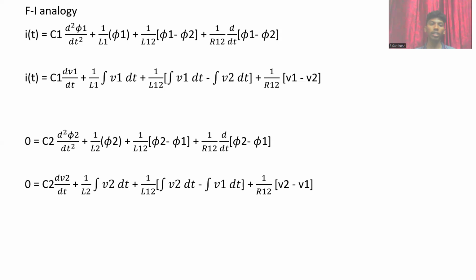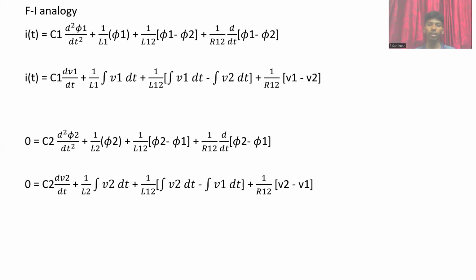Over there you had replaced x with q. Over here you're replacing x with phi, that is magnetic flux. And then again deriving the formula with respect to that, d square phi 1 by dt square should be replaced with dv1 by dt. And then phi 1 is replaced with integral of v1 dt.